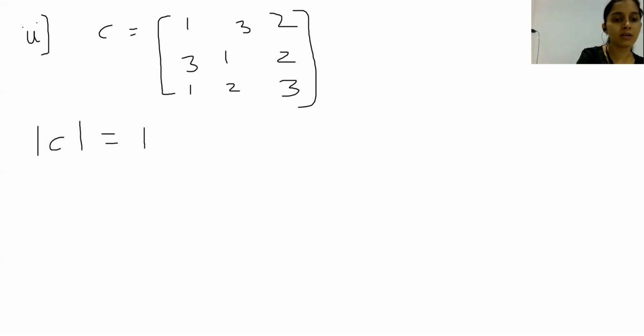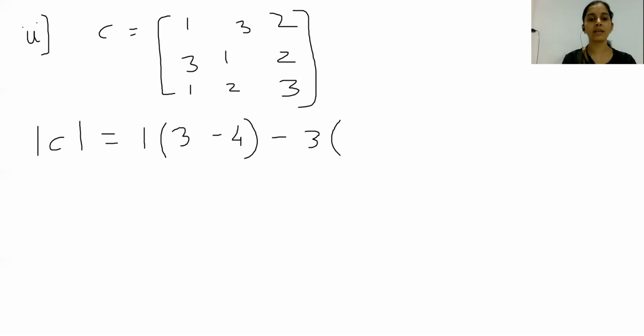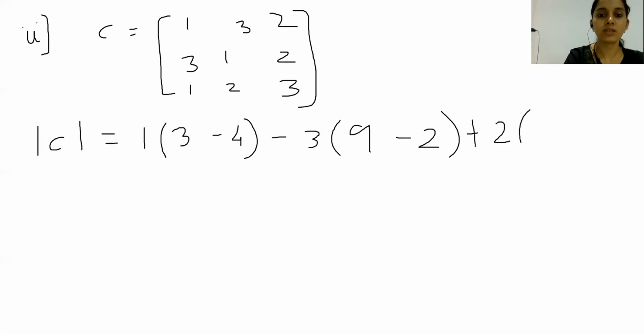So we'll write 1 multiplied by 3 minus 4, minus 3. Okay, second column, hide the column and the row in which the element lies. 9 minus 2. Okay, plus 2 multiplied by 6 minus 1.